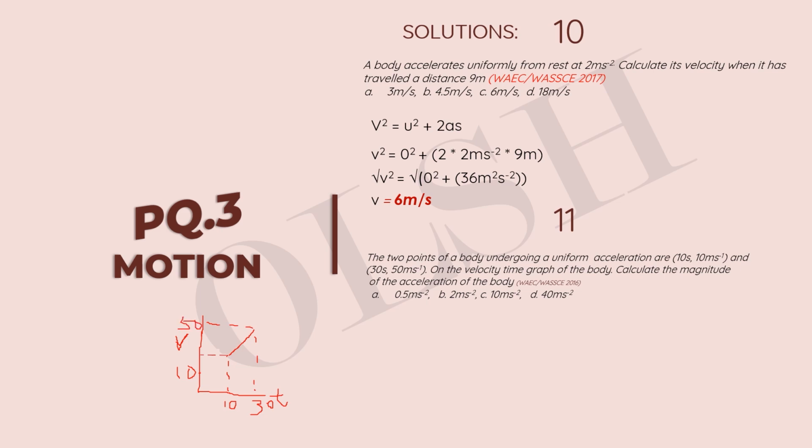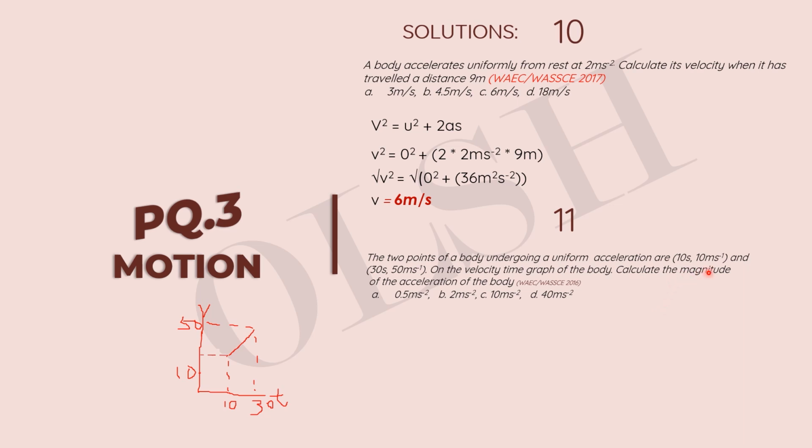This is v. Okay, so they're basically saying that on a velocity time graph, we have 2 points of a body that undergoes uniform acceleration to be this. So this is point 1, this is point 2. Point 1 is 10 meters per second at 10 seconds. Point 2 is 50 meters per second at 30 seconds.